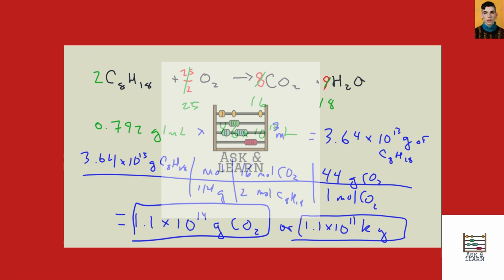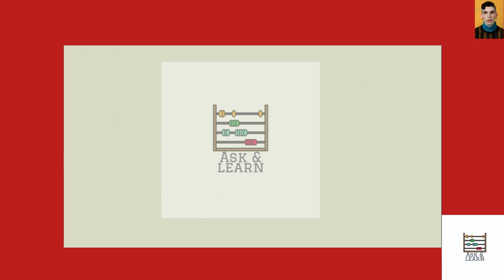So let's go ahead and get a new page here. So we had 1.1 times 10 to the 14th grams of CO2. We want to get to volume in liters. So let's get it back into moles by dividing by the molar mass of CO2, which is 44 grams per mole.